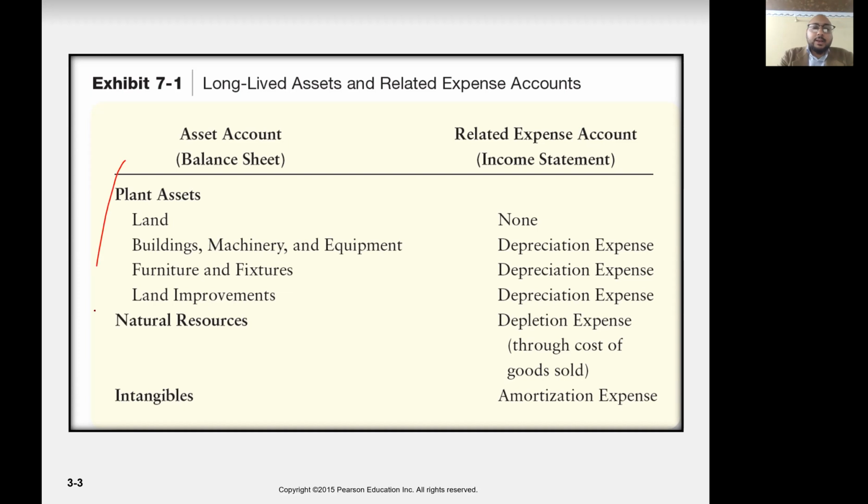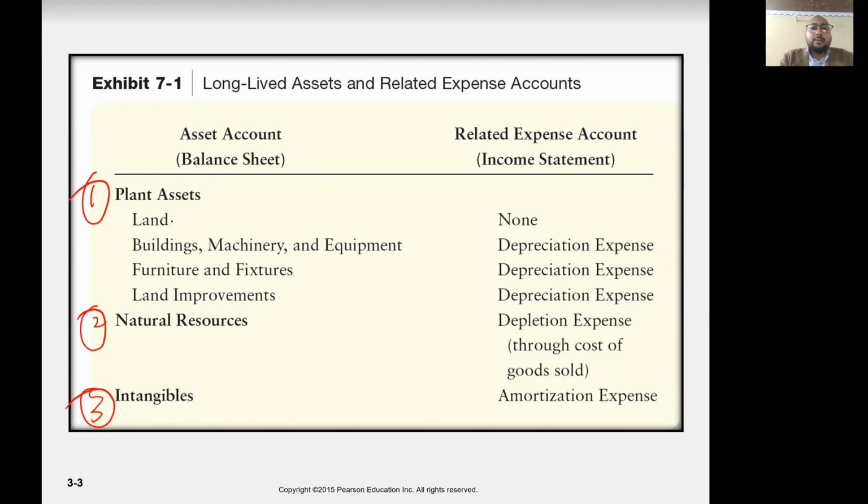I was explaining the last lecture of our assets, because assets contain current assets and long-term assets. So today's lecture is all about the treatment of long-term assets. There are three kinds of long-term assets. Number one, plant assets. Number two, natural resources. And number three, intangibles.